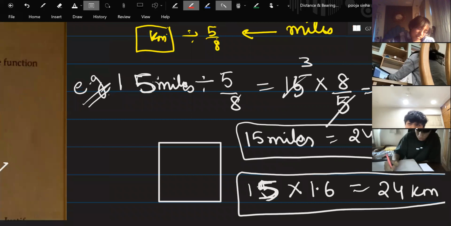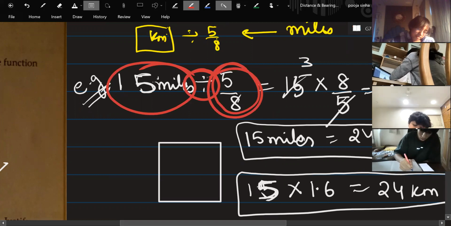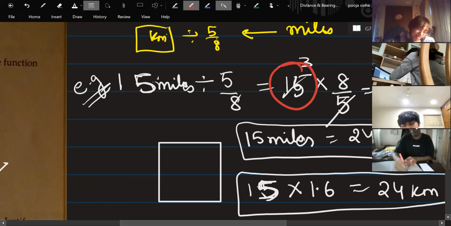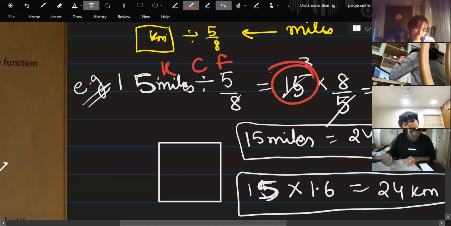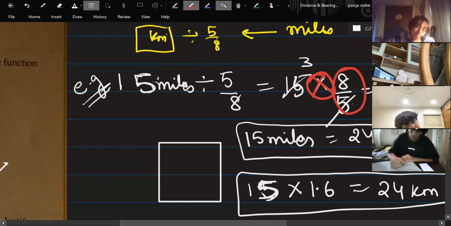Okay. So 15 miles, as per the question, it says divide by 5/8. So 15 division, what do we do? KCF: we keep, we change, we flip. So you keep this, you change this sign and you flip it. So what happens? 15 multiplied by 8/5, isn't it? Tanishka, I want you to do it on the calculator.